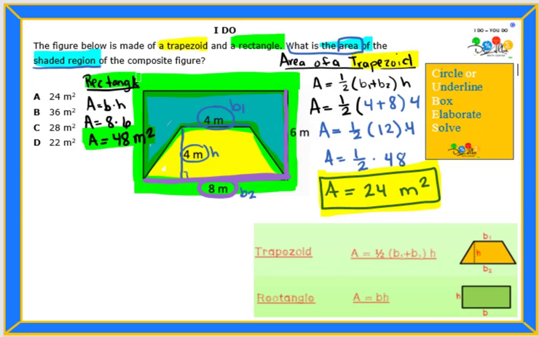And now we have to find the area of the shaded region. So in this problem, look at the shaded region. Is it putting two pieces together? No, it's not, right? Because one shape is inside the other shape.